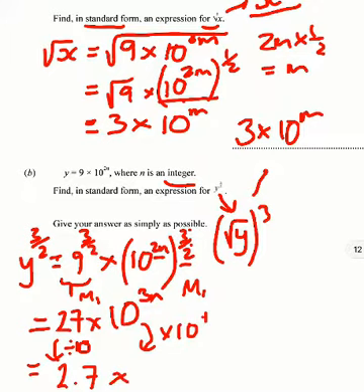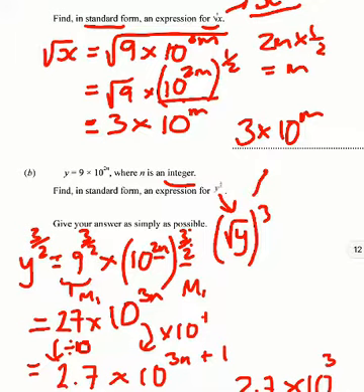So that's going to be 10 to the power of 3n plus 1. Because we're just adding 1 to whatever 3n is. And that will give us our final third mark. 2.7 times 10 to the power of 3n plus 1.